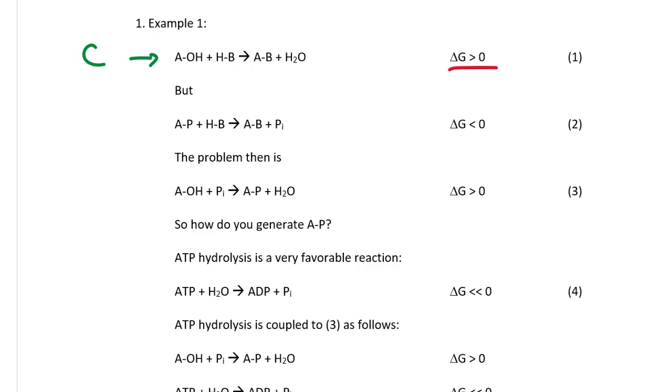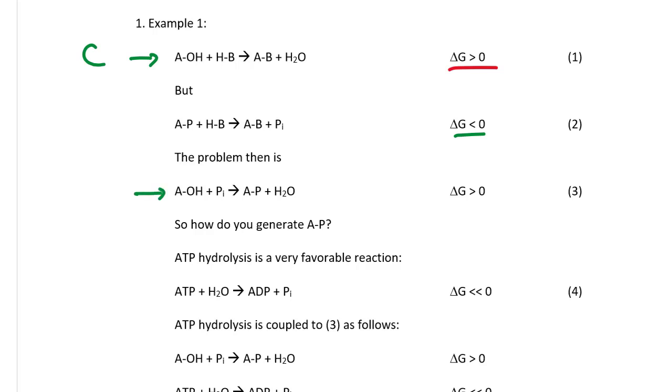Now we're going to look at the second reaction, number 2. A phosphorylated plus HB gives me AB plus inorganic phosphate, and this is not a condensation reaction because you don't have H2O as an output. This actually has a delta G that is less than 0, so it does favor the forward process. But the problem is to phosphorylate A with an inorganic phosphate.